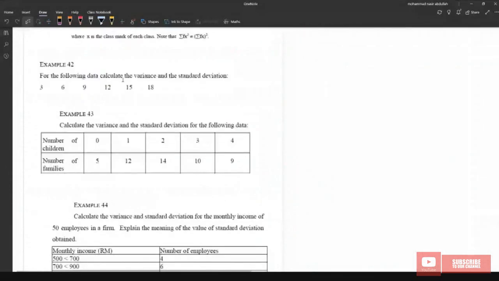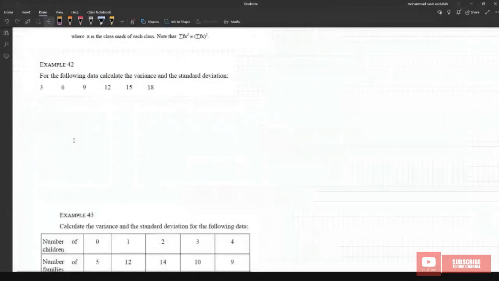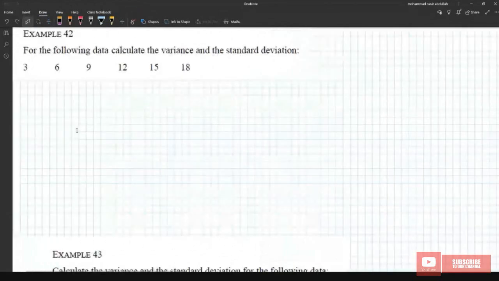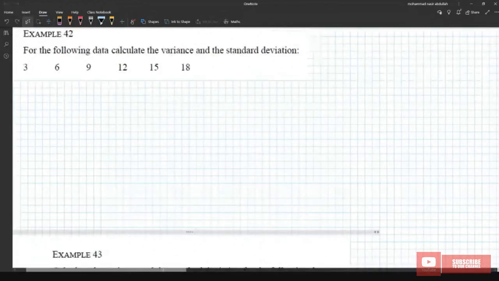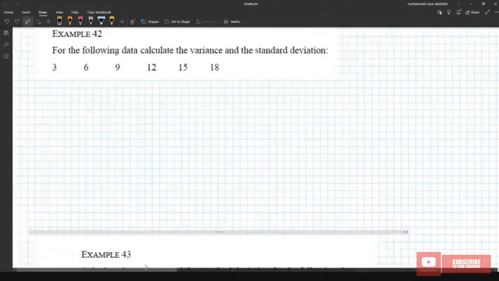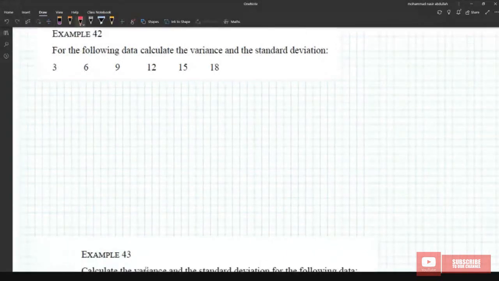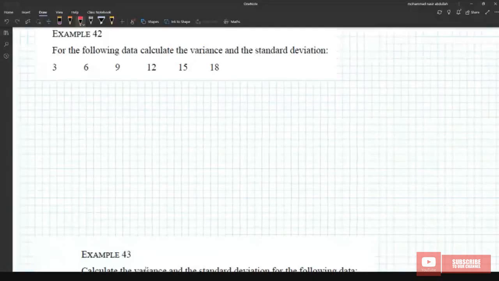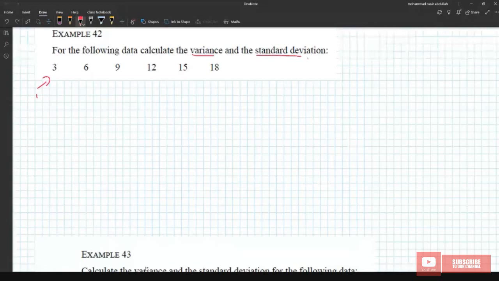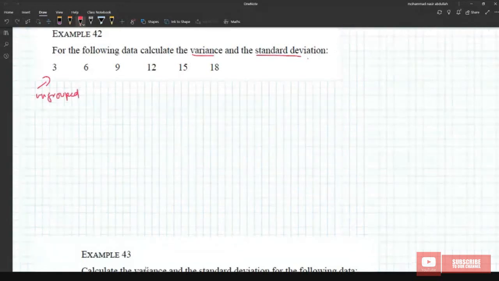In example number 42, we want to find the variance and standard deviation for this data. This is ungrouped data, right?